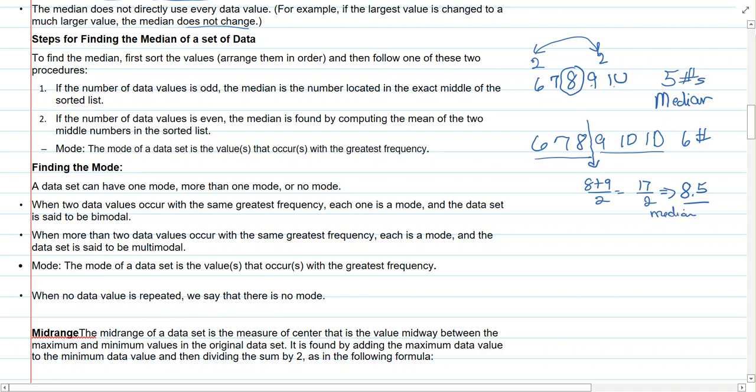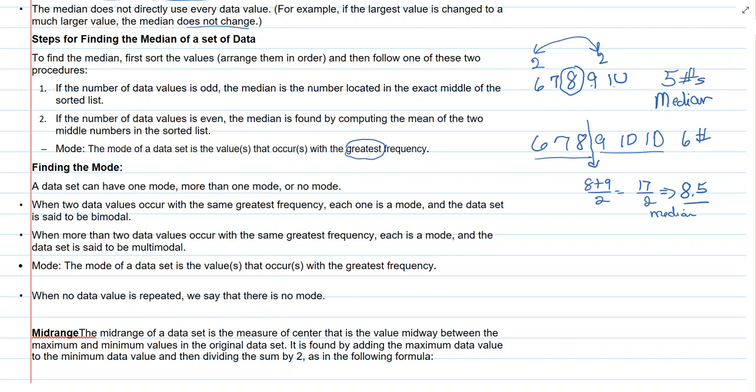Well, now we're going to talk about mode. So we have the mean as the average, the median as the center value once the data is ordered, and now we have the mode. The mode of the data set is the value or values that occur or occurs with the greatest frequency. Greatest is the key describer of mode.